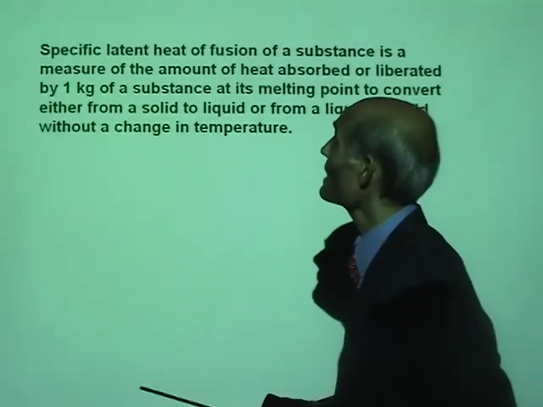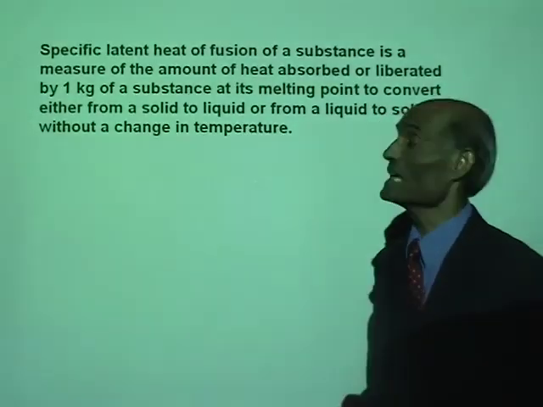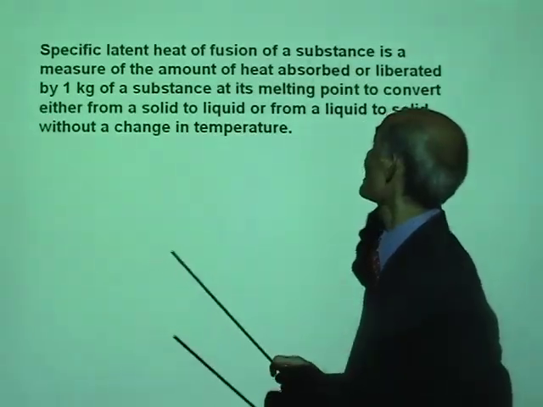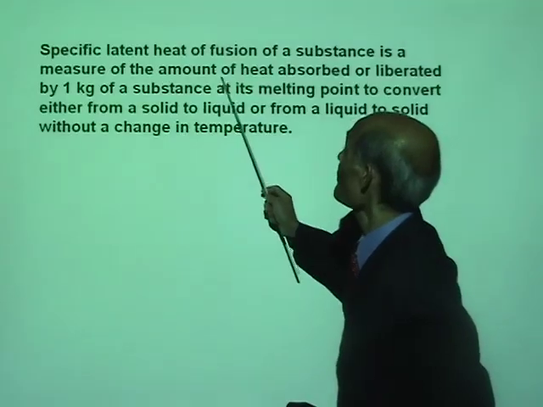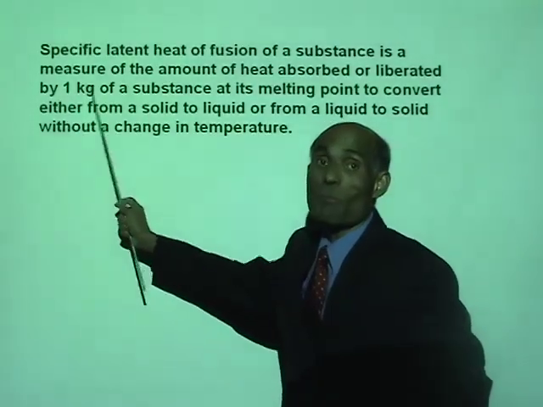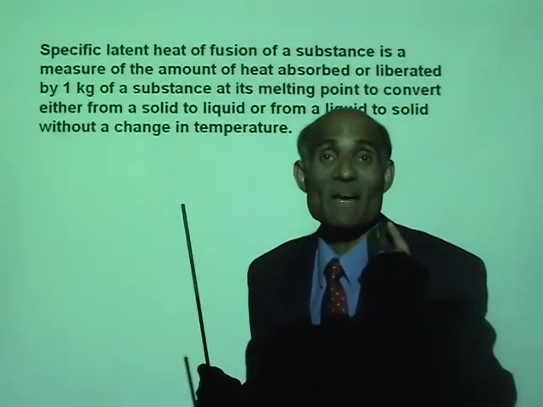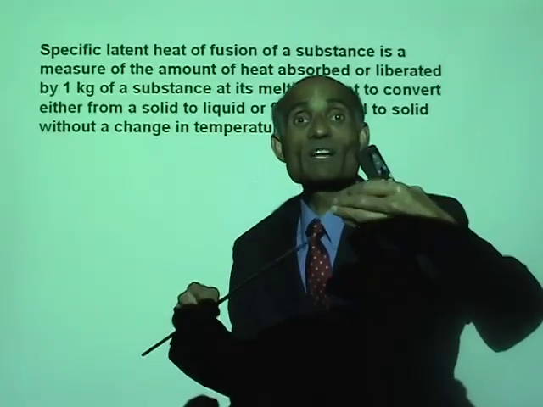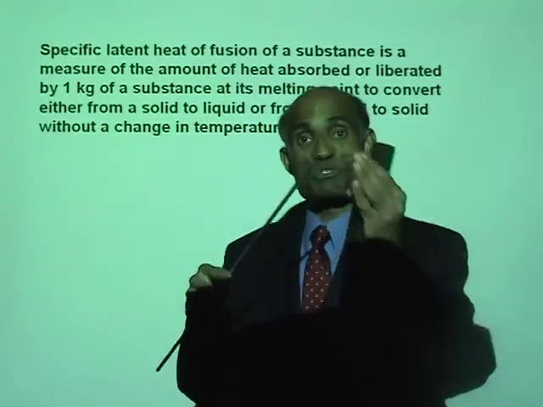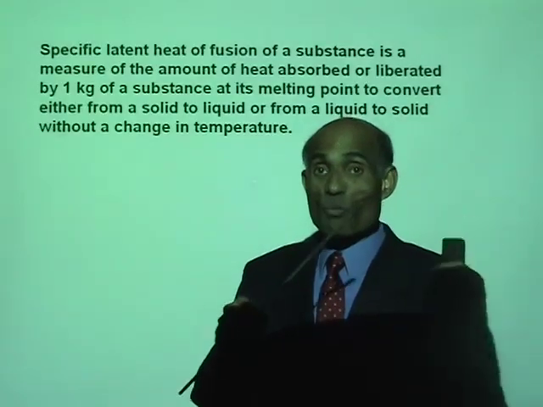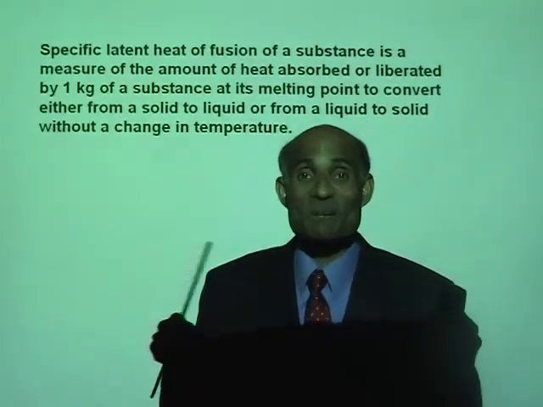Now, I'm going to define the latent heat. Specific latent heat of fusion of a substance is a measure of the amount of heat absorbed or liberated by 1 kilogram of that substance at its melting point to convert either from solid to liquid or from liquid to solid without a change in temperature.